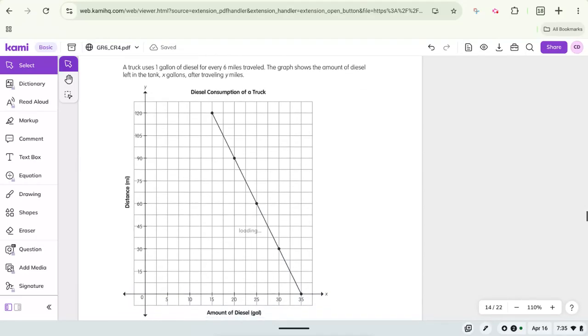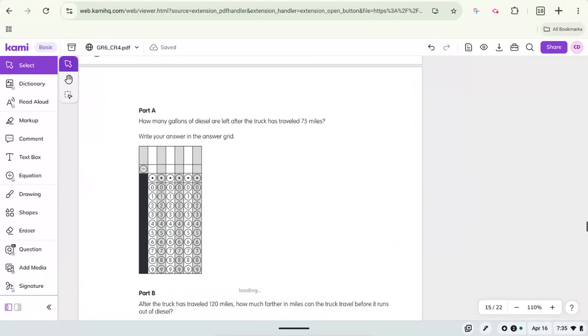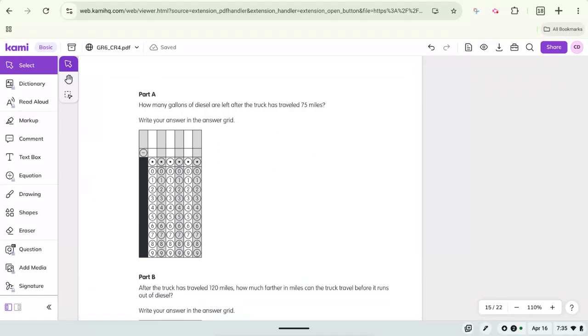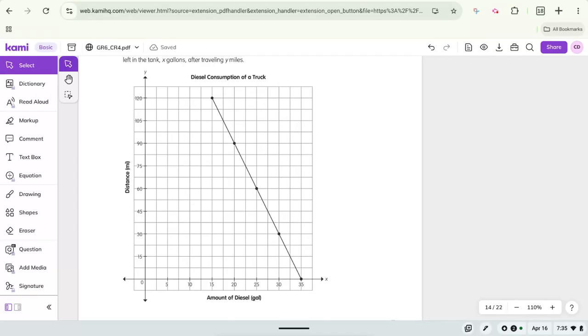Number 18, a truck uses 1 gallon of diesel for every 6 miles traveled. The graph shows the amount of diesel left in the tank, X gallons, after traveling Y miles. Part A is on the next page. It says how many gallons of diesel are left after the truck has traveled 75 miles. It's just a matter of reading the graph.